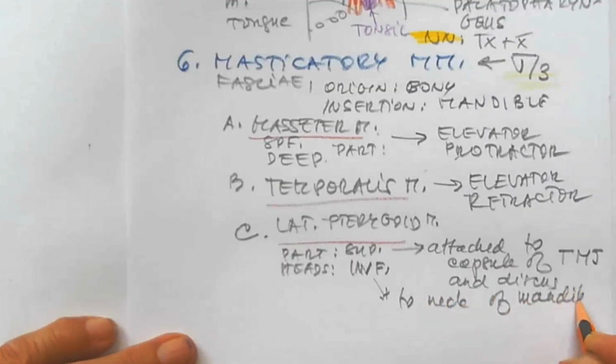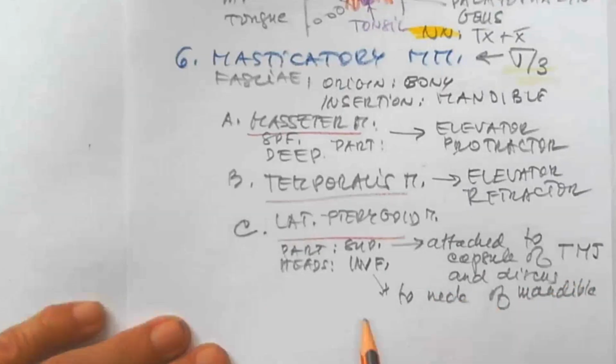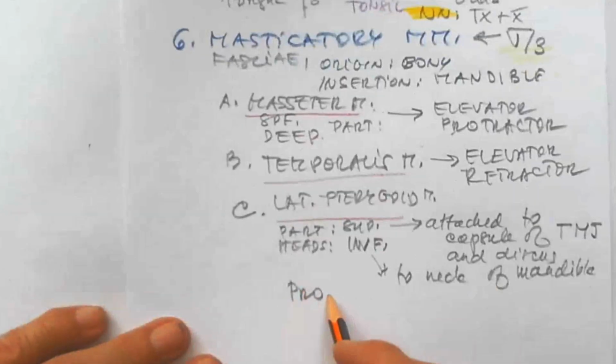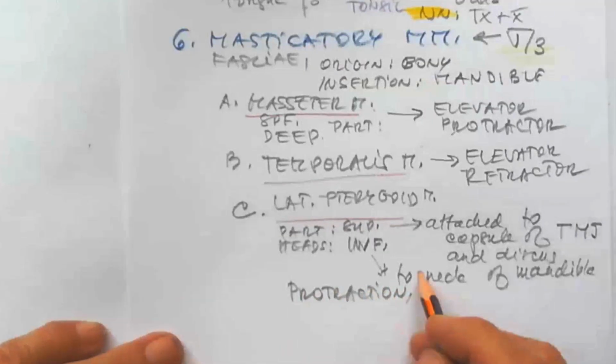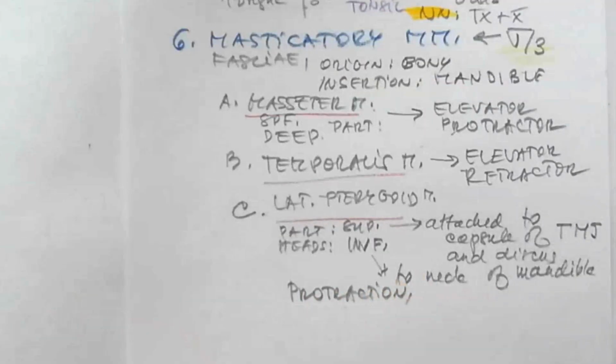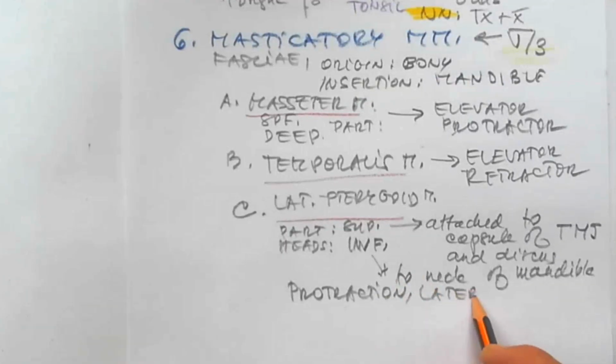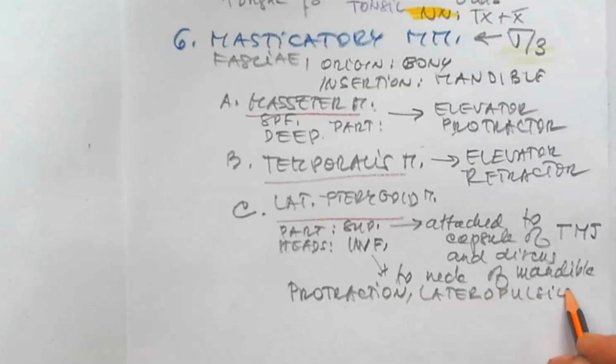This is a specific position because they run dorsoventrally. They are protractors, responsible for protraction, and if they cooperate both together, medial and lateral, we could also say lateral pulsion, lateral position.